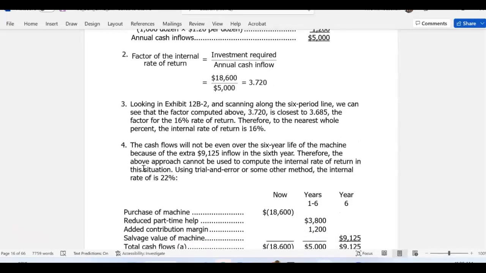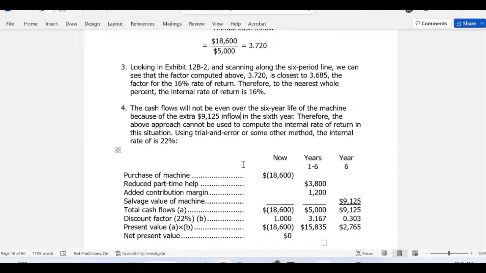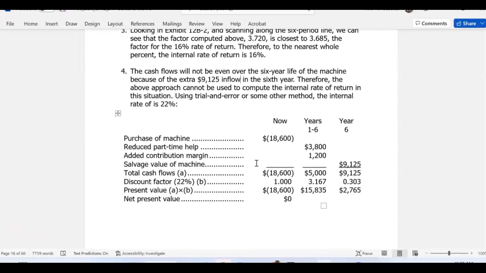Therefore, the above approach cannot be used to compute the internal rate of return. In this situation, using trial and error or some other methods, the internal rate of return will end up being about 22%. Because it's a one-time extra 9,125, you have to say, oh, wait a moment, I have this much more income.